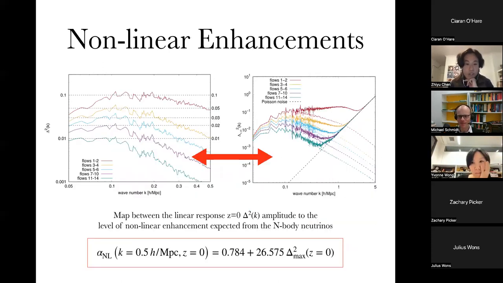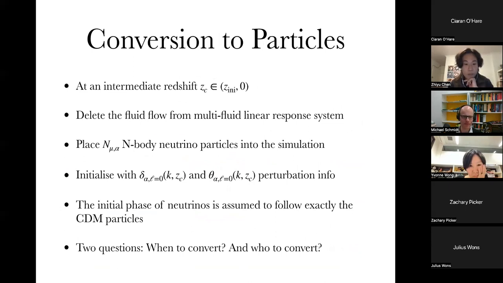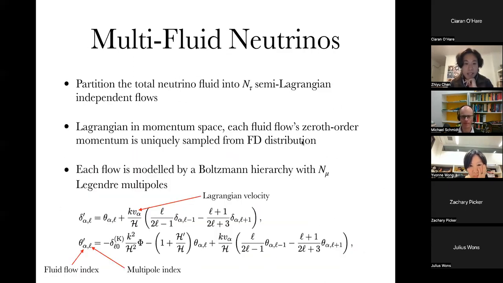Yeah, that's a good question. So the multi-fluid decomposition has n tau number of fluids, and each fluid will have n mu number of multipoles. So if you increase the number of fluids, it does put more computational costs because you have to track more equations.